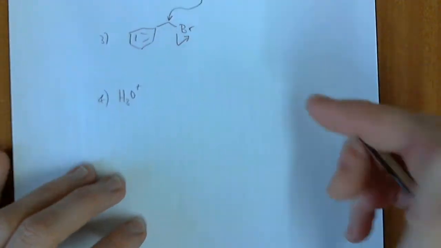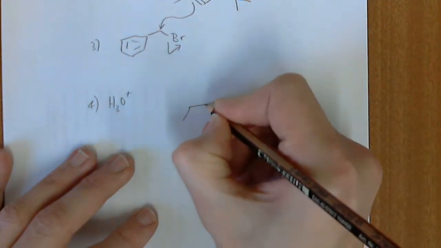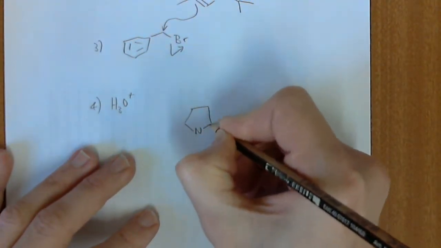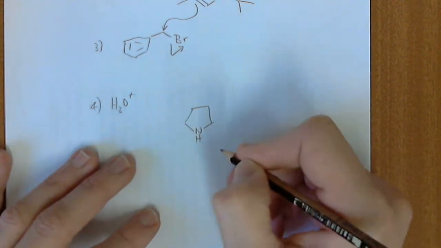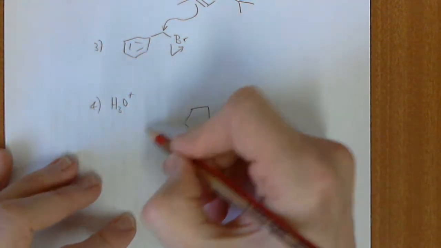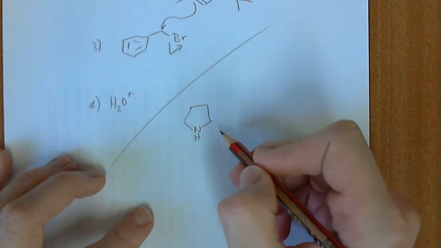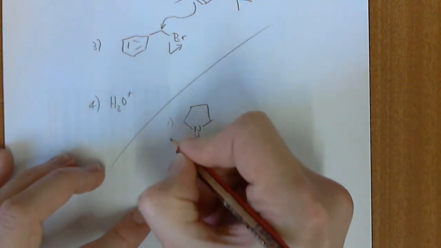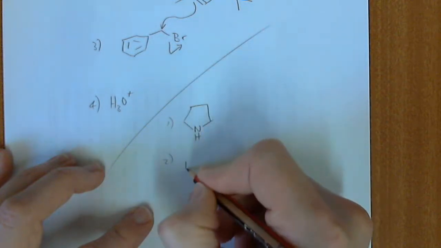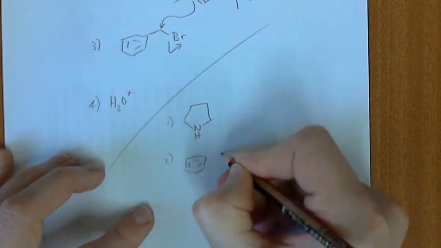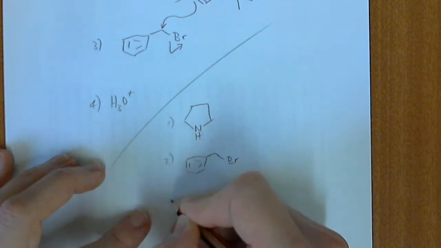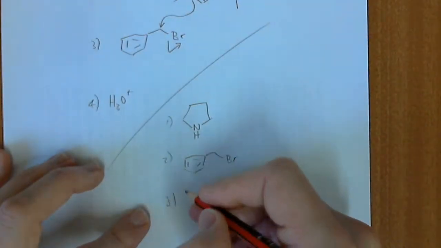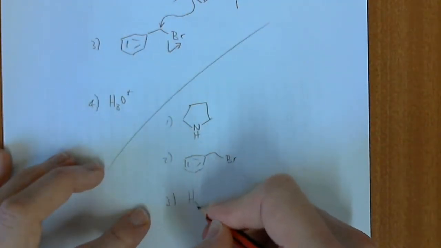I would have also accepted if you had said, let's do an enamine. In other words, first step would have been adding some sort of secondary amine, preferably something like this, the pyrrolidine. And then the second step would have been adding the benzyl bromide. And the third step would have been just hydrolyzing again with acid.